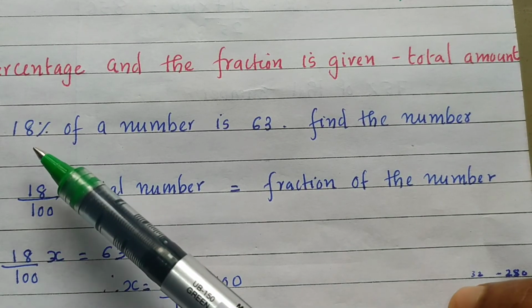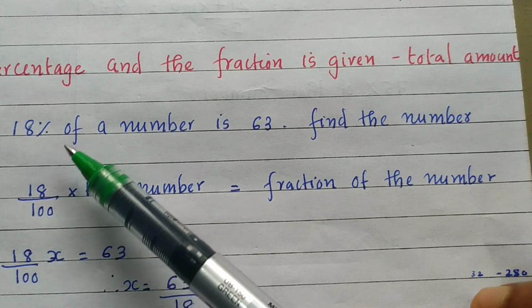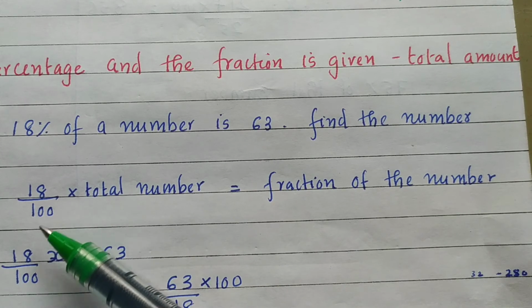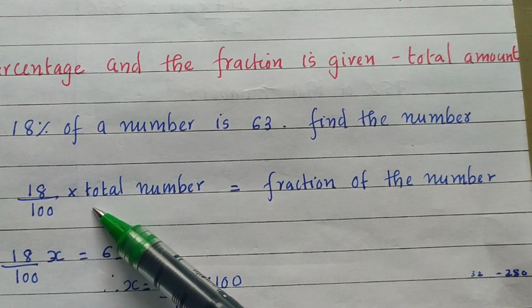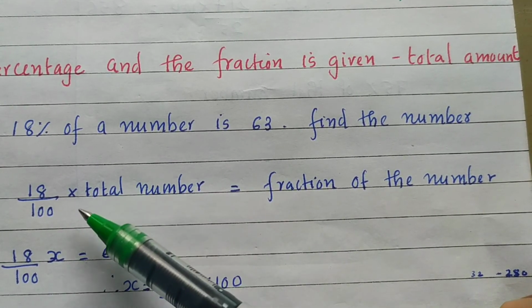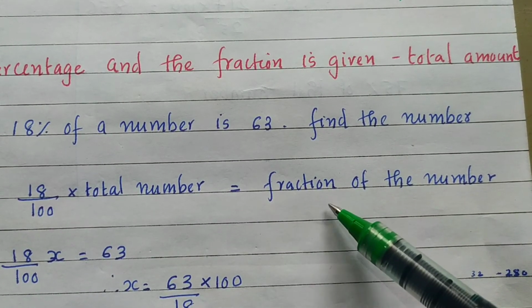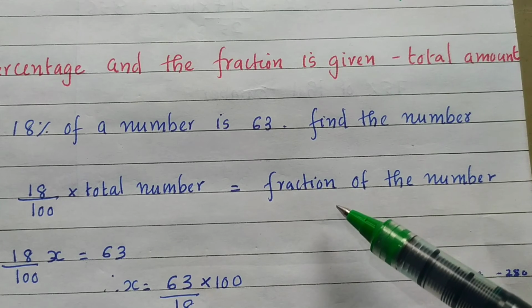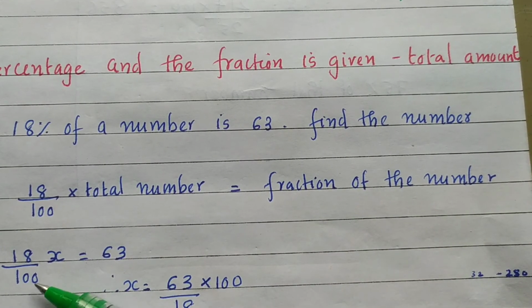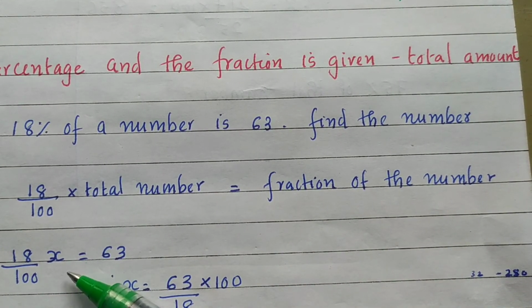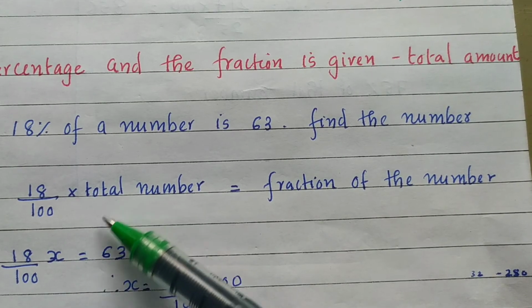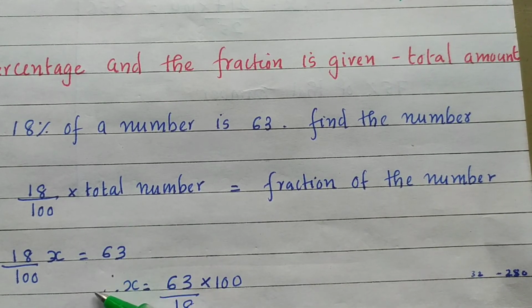So 18 per 100 into the total number that we have to find out. We don't know that number. So 18 by 100 into total number is equal to the fraction of that number or the original number. So 18 by 100 into x, we will take the total number as x, which is equal to 63.